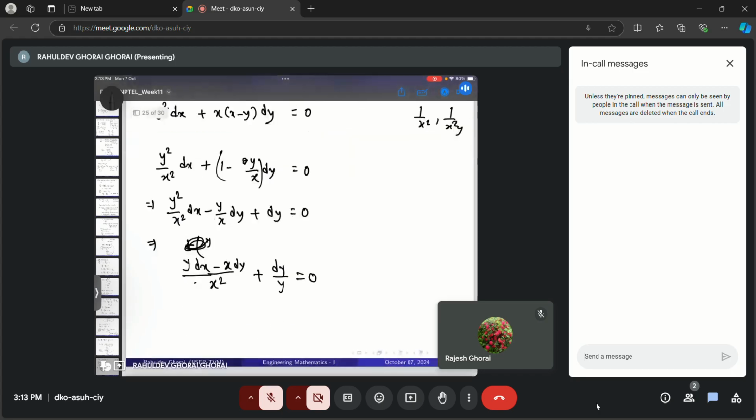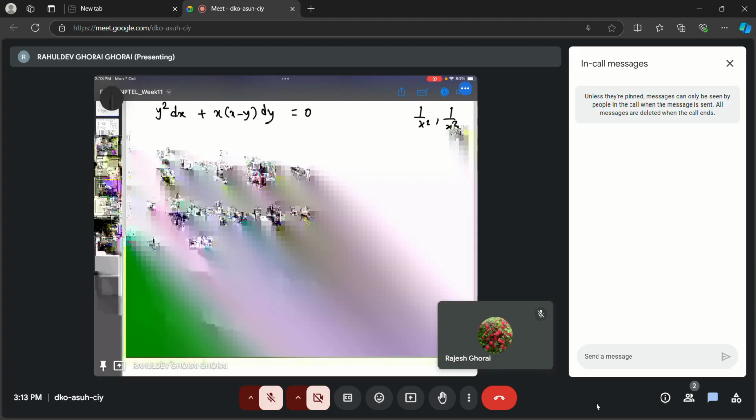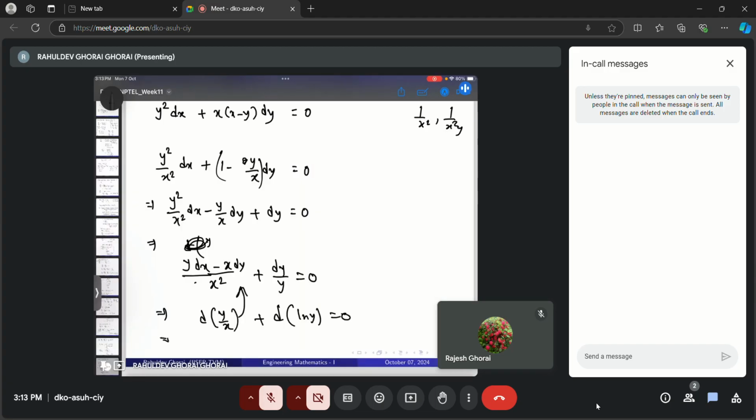Now this is nothing but d of y by x, and d of ln of y is equal to 0. That implies y over x plus ln of y will be equal to an arbitrary constant. So that will be the solution of the given differential equation.